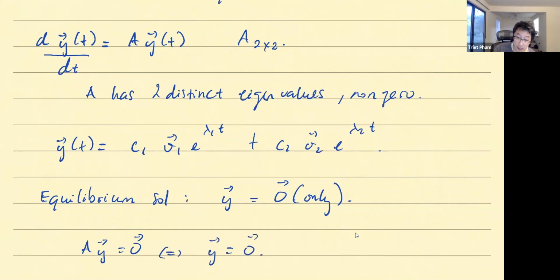How do we know that? We know that from our assumption that it has two distinct, non-zero eigenvalues. Remember, if the eigenvalues are non-zero, that's equivalent to the matrix being invertible. The matrix being invertible is equivalent to it only having 0 as a solution to the homogeneous equation. In our context, that implies that 0 is the only equilibrium solution possible.